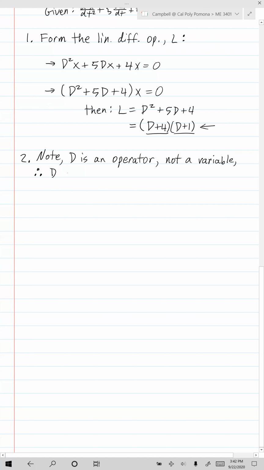So we can say that D does not take on values itself. And you might be thinking, well, Professor Dinsmore, that's not good, because we were finding roots of the characteristic equation before, and that gave us a lot of insight into what's going on.